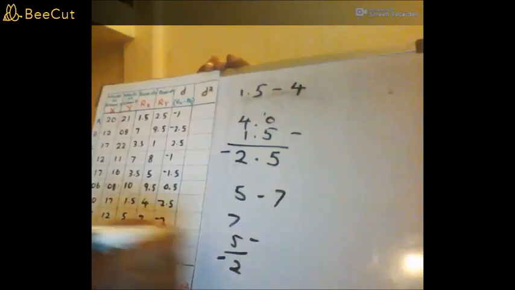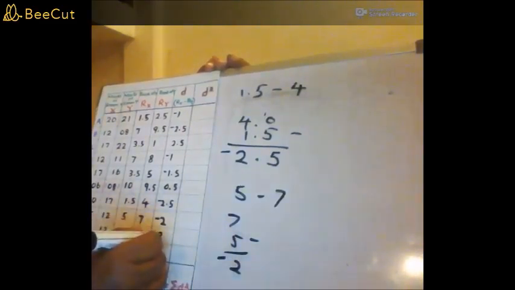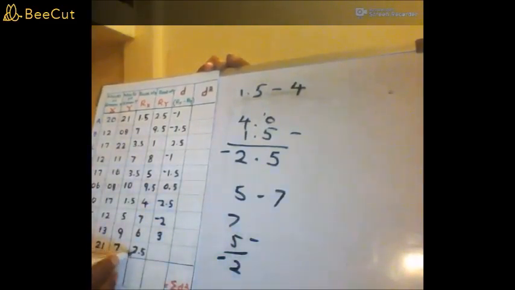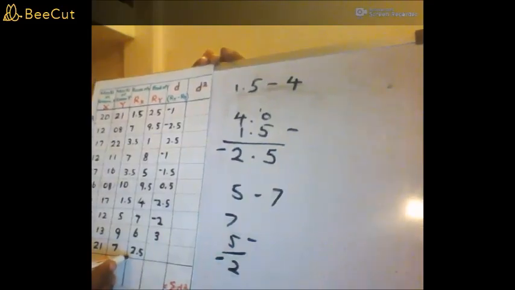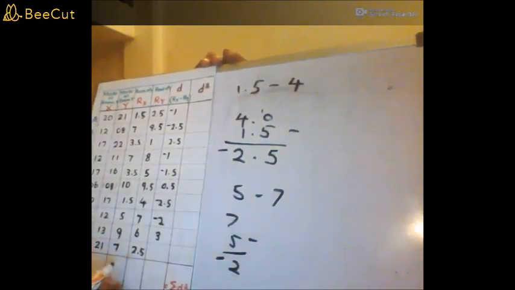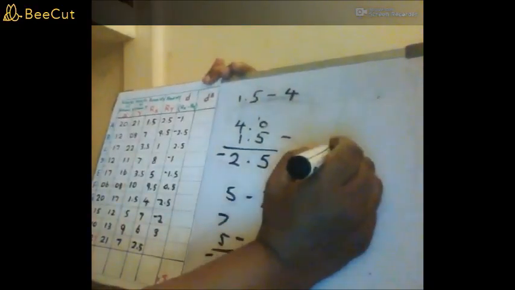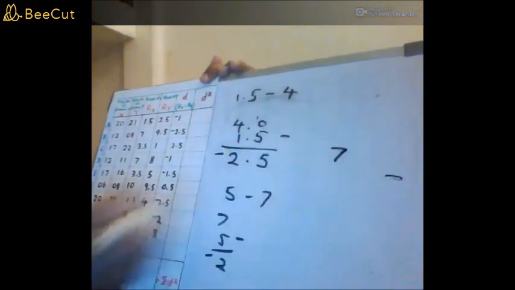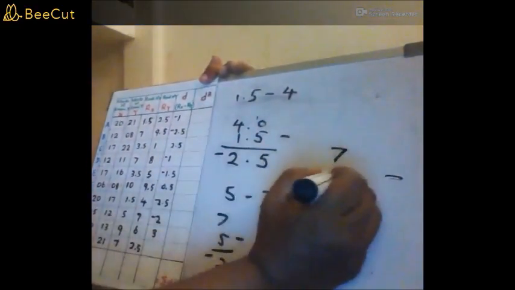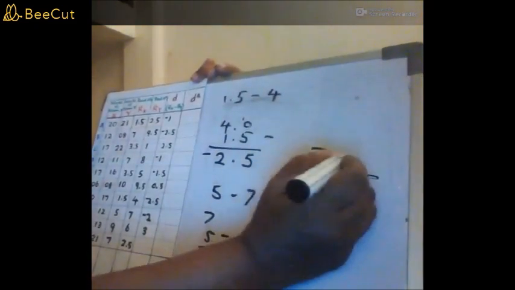Then 9 minus 6, it's 3. 7 minus 2.5. Do this manually. Don't do this in your mind. Because you tend to make mistakes.